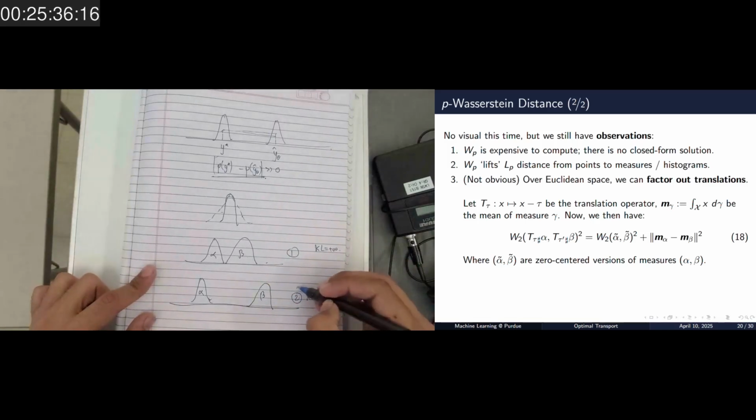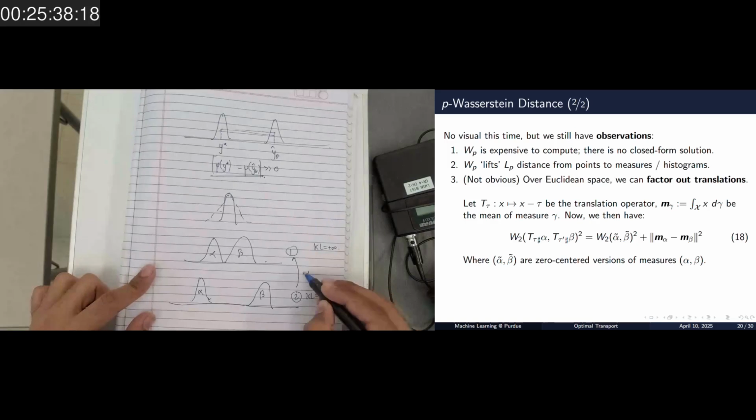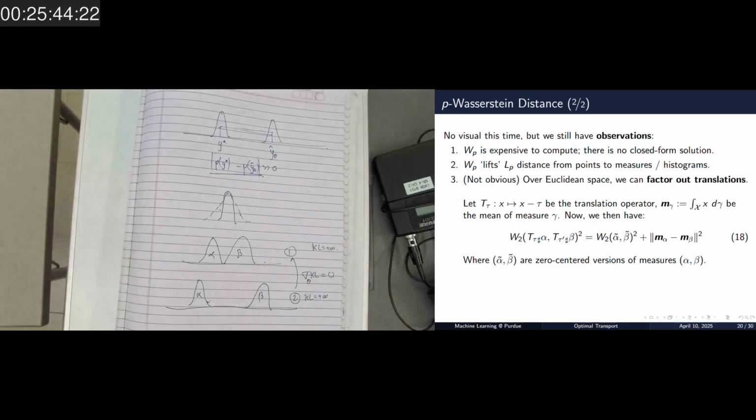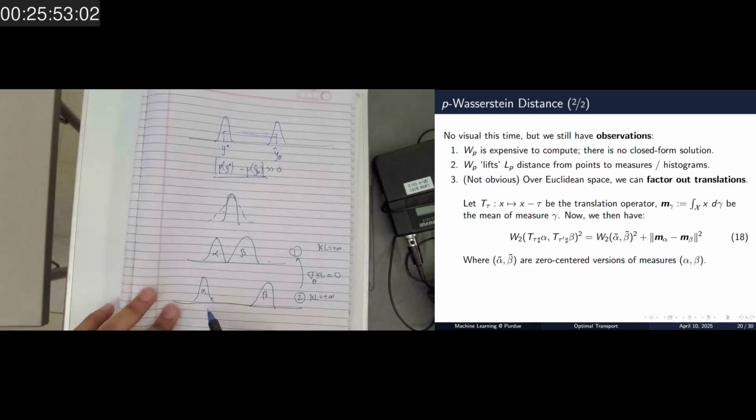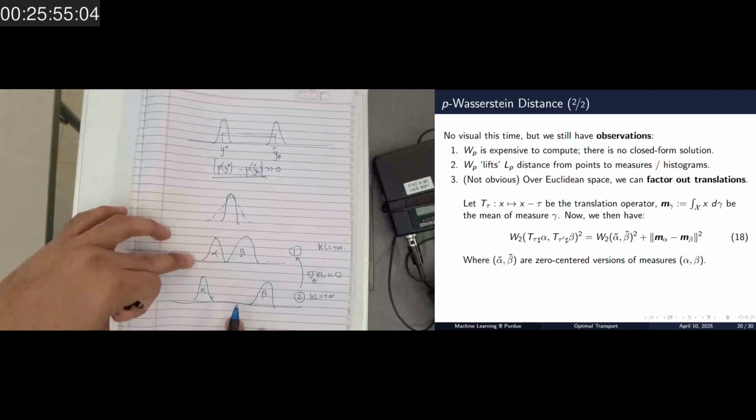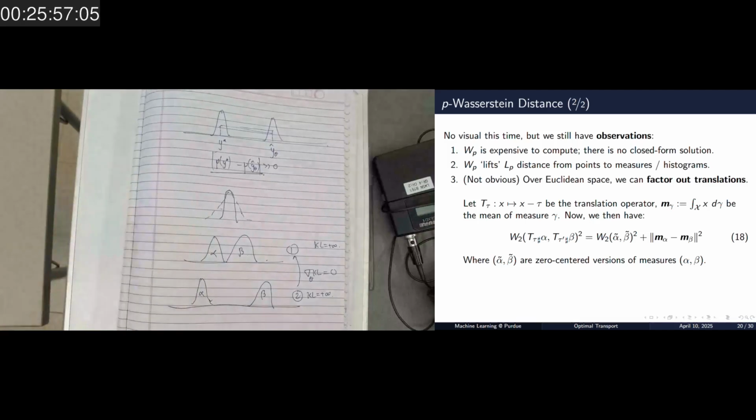So if I were to go from 2 to 1, the gradient that I would get by computing the KL divergence with respect to my parameters theta is going to be 0, right? Which means the model does not value the closer distribution at all, compared to these further distributions.